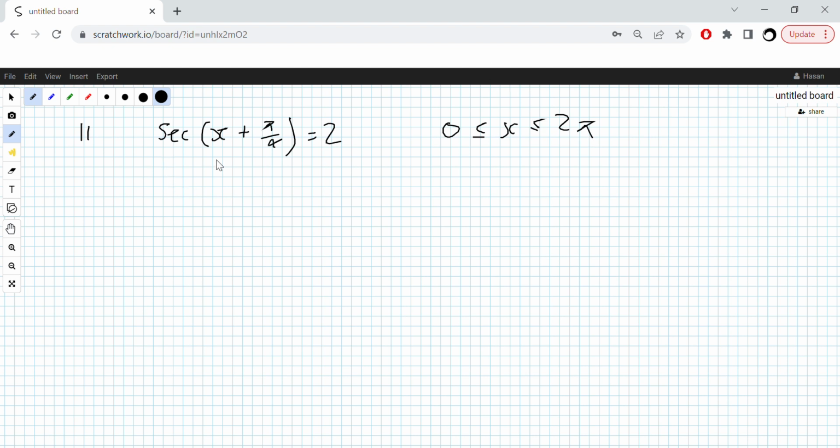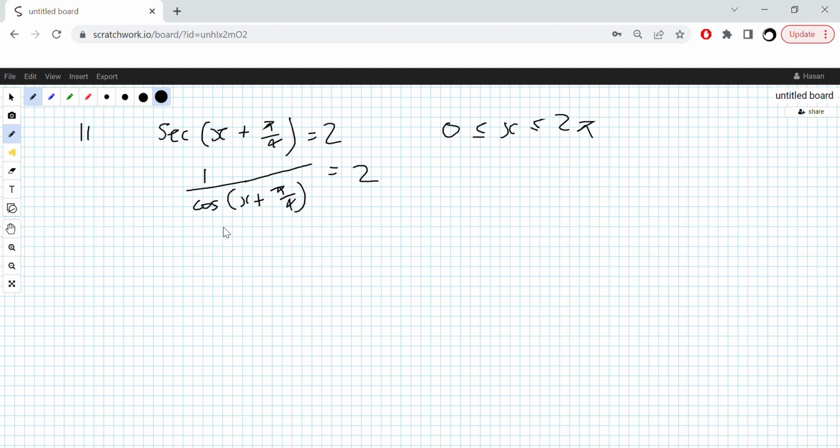First thing we have to realize is that we can't use sec. We're going to have to translate this into cos. So we're going to write this as 1 over cos(x + π/4) equals 2.